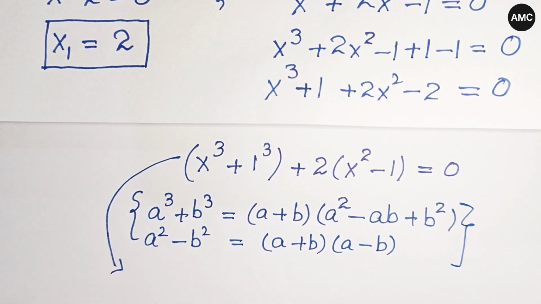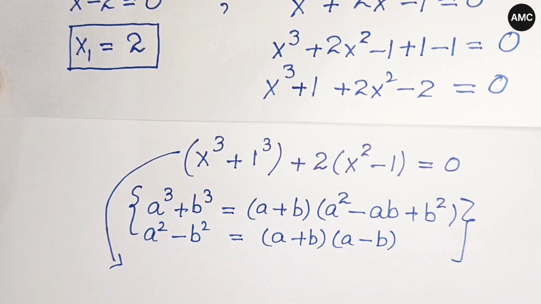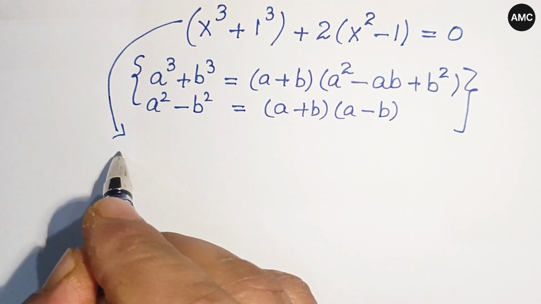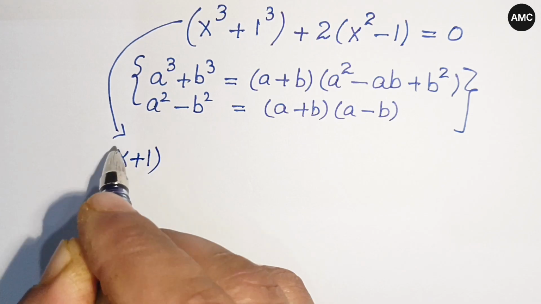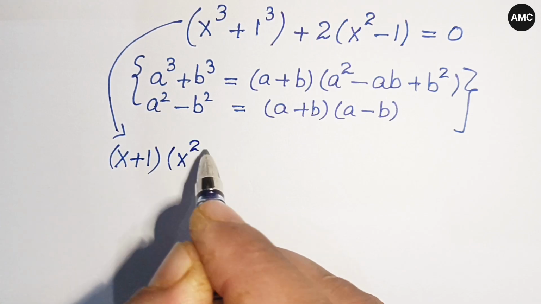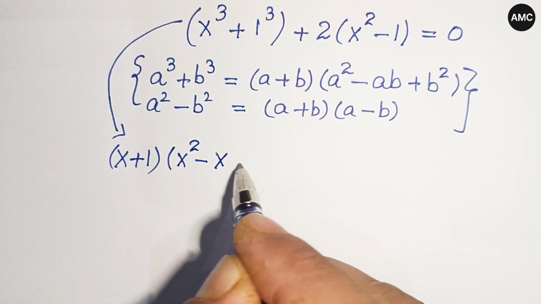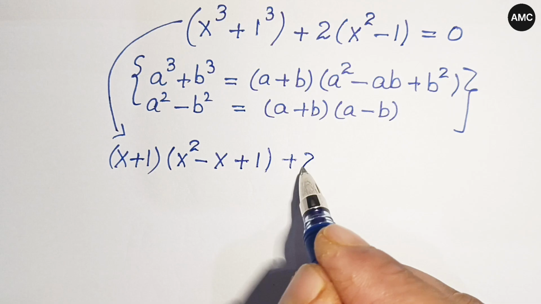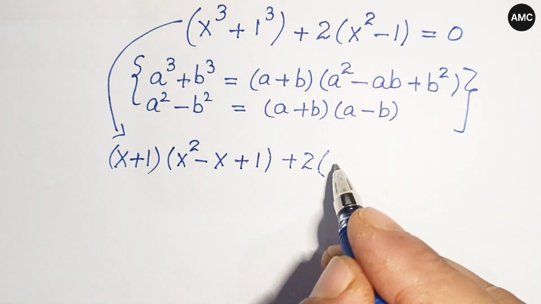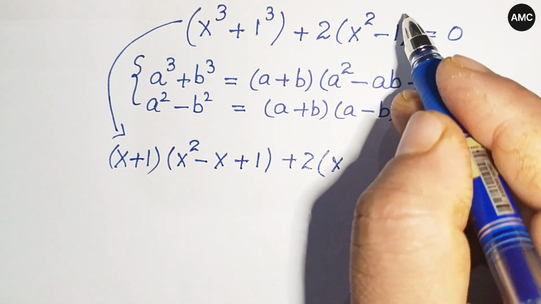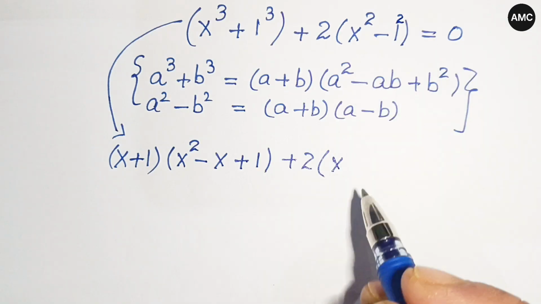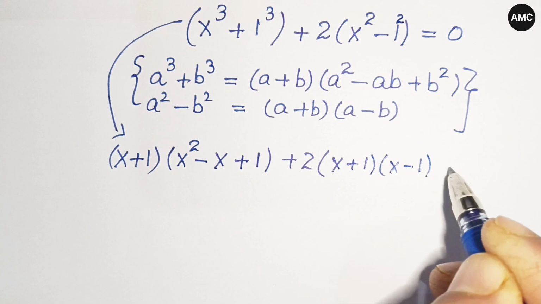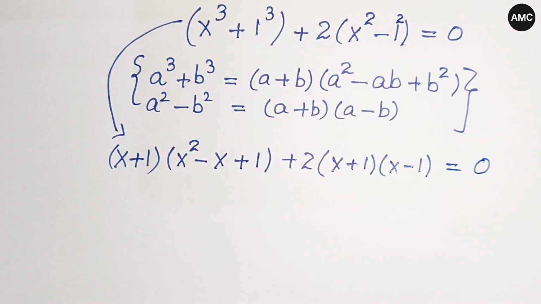So next step will be, now here x cubed plus 1 cubed, so we write x plus 1 times (x squared minus x times 1 plus 1 squared). Plus 2 times x squared minus 1 squared, which is x squared minus 1 squared, is x plus 1 times x minus 1, that is equal to 0.